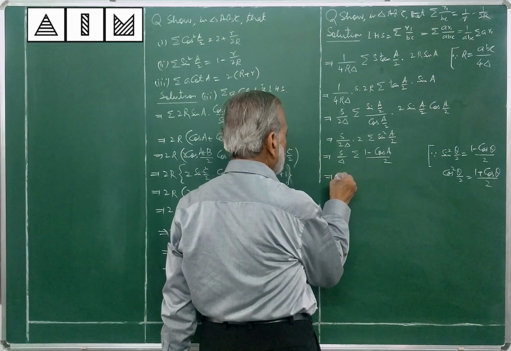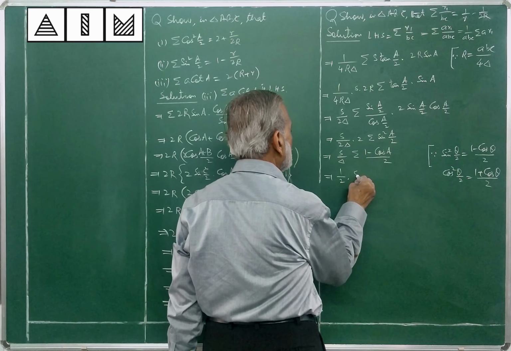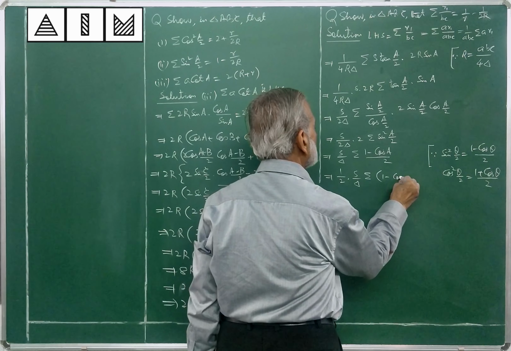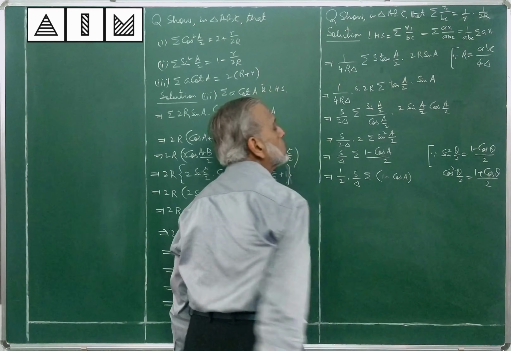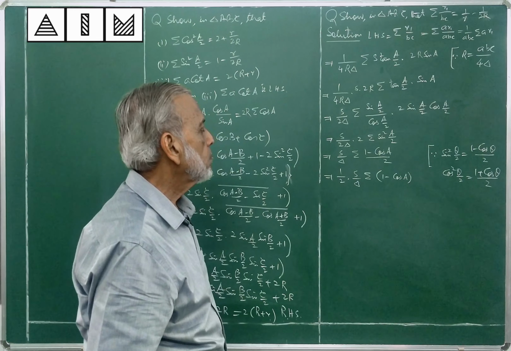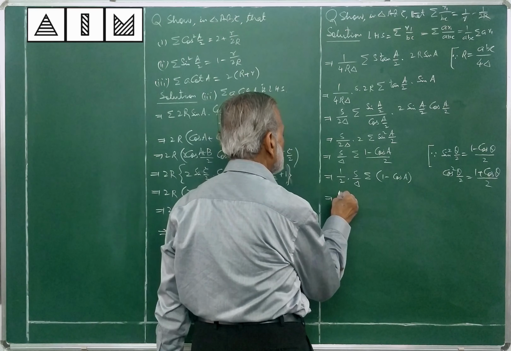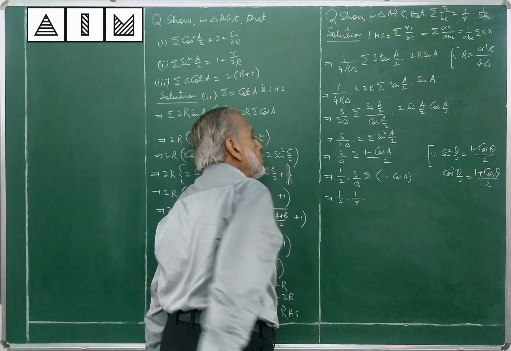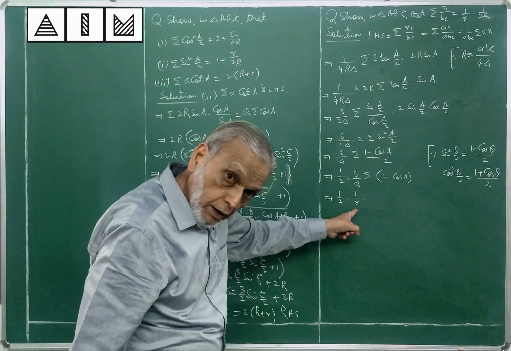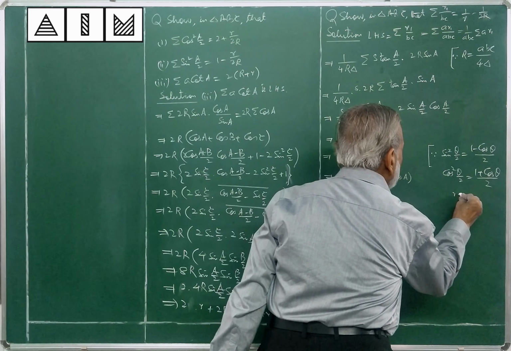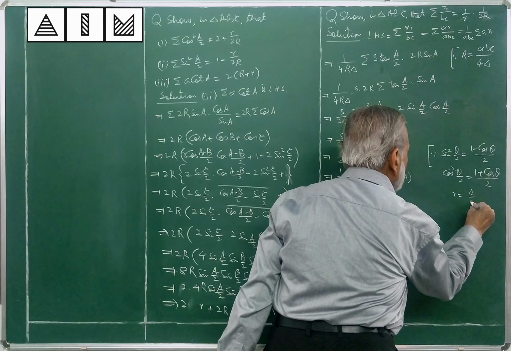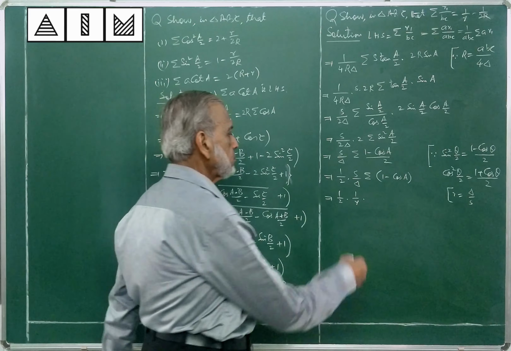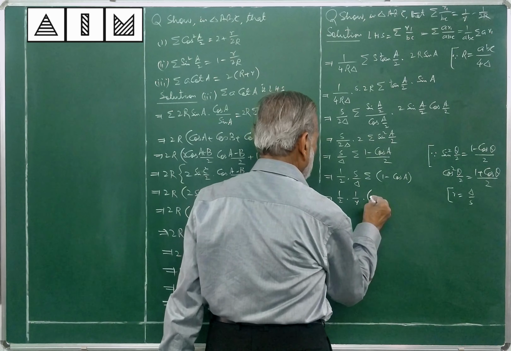Please see carefully. S by delta is written as 1 by R because R is equal to delta by s. There is a formula. So I have got s by delta, hence 1 by R, sigma of 1 minus cos A by 2, I am opening it now.